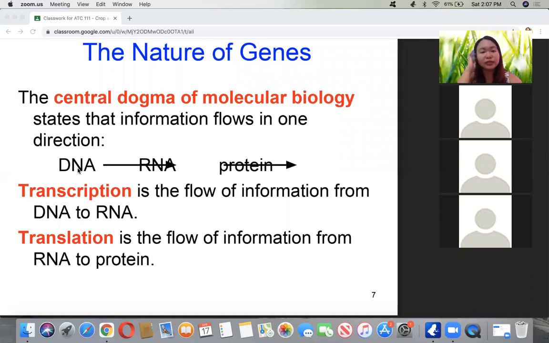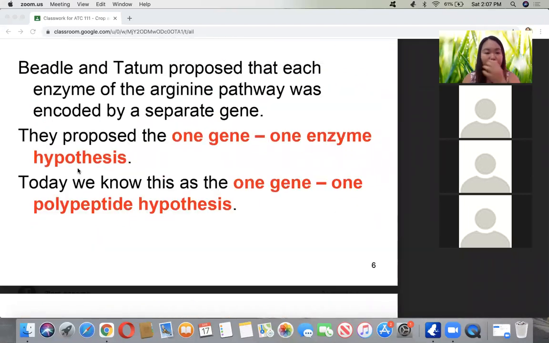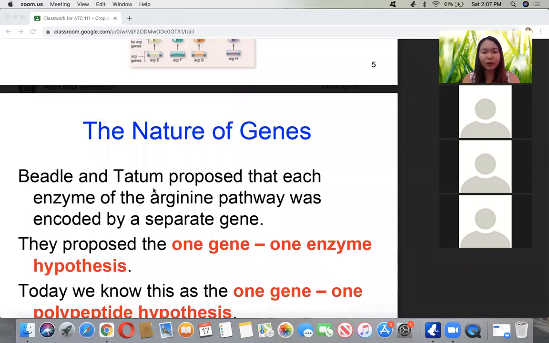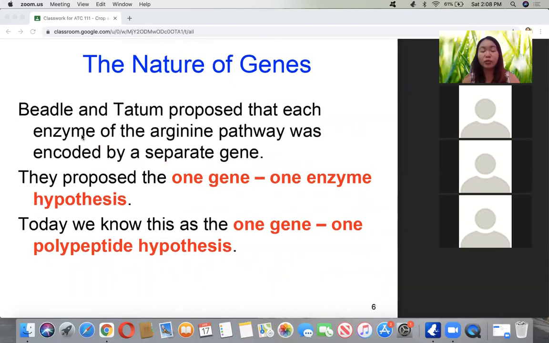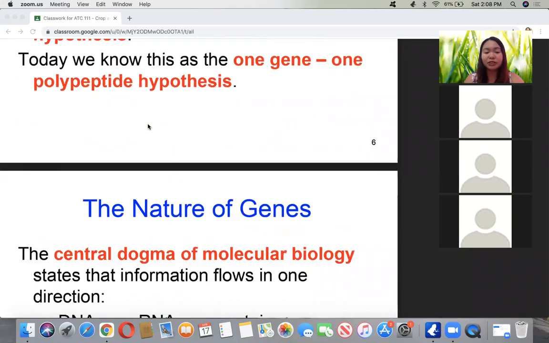Like the arginine earlier: when the enzyme in the arginine pathway is missing, it's because the enzyme is encoded by a specific gene.